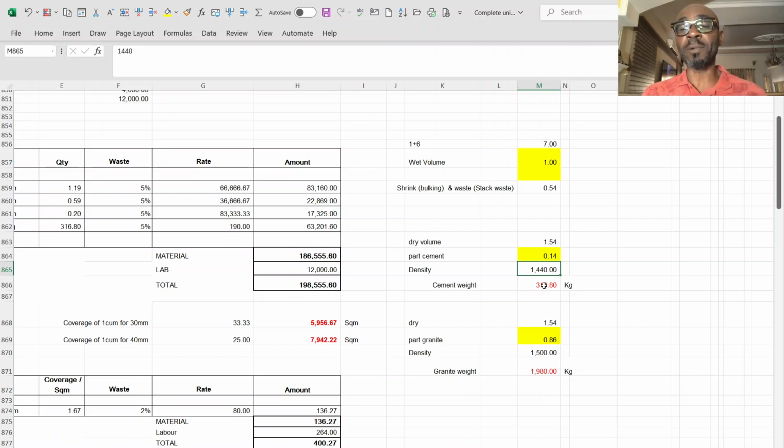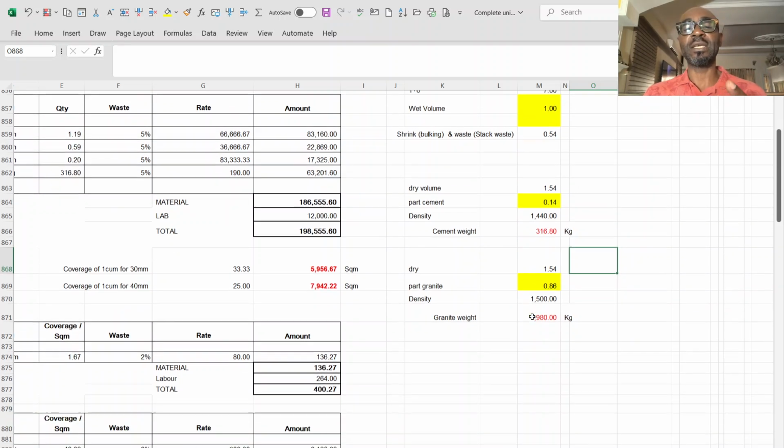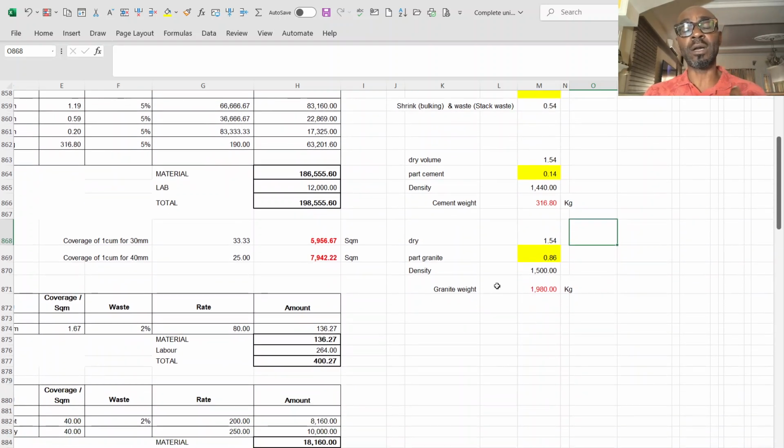So if you multiply the dry volume by the part of cement and the density, you have 316.8 kg of cement that you need for this design mix. Then for granite, you have the dry volume. Then you divide 6/7. It gives you the ratio of cement, sand, granite in this design mix.